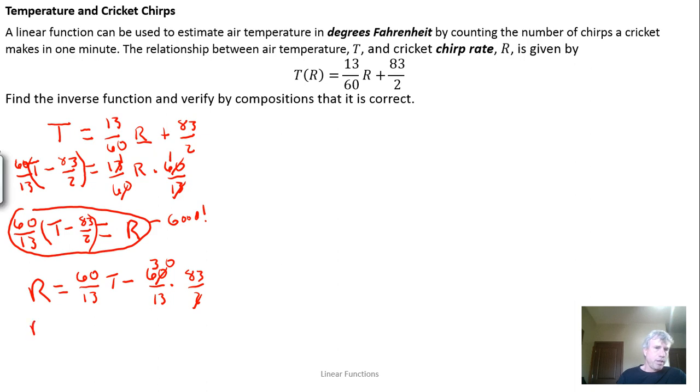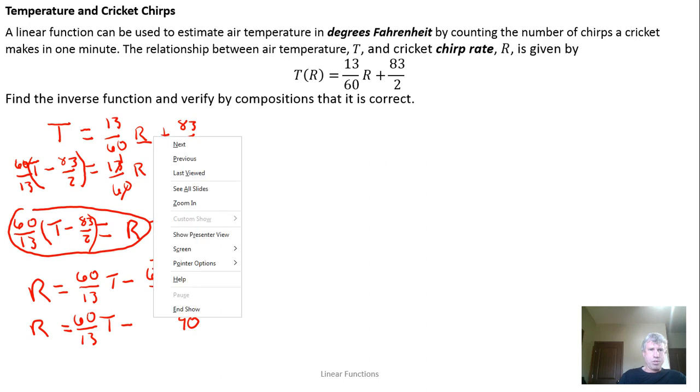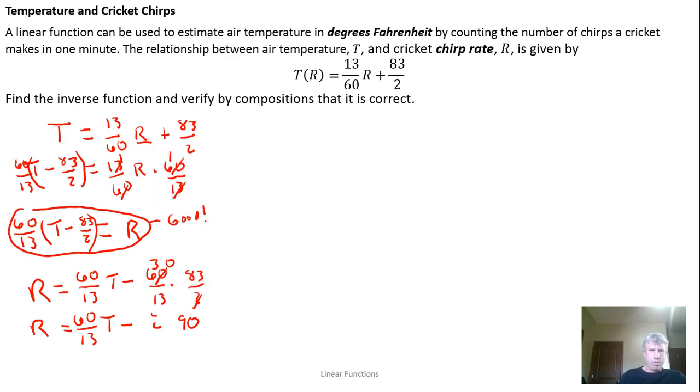So we would get r equals 60 over 13 times temperature minus 30 times 83. That's going to be 83 times 10 three times, so we get a 90 out of that, and 8 times 3 is 24, so 2490, and it's all over 13 times 1, which is 13.